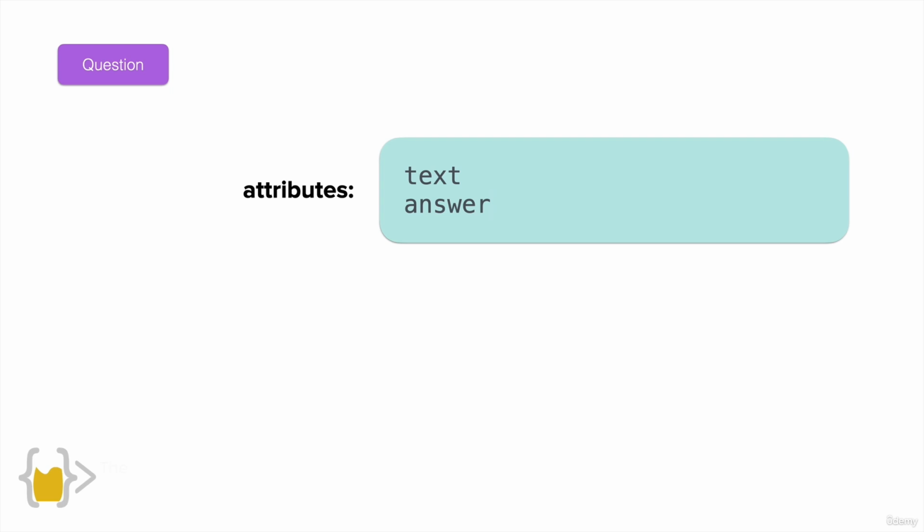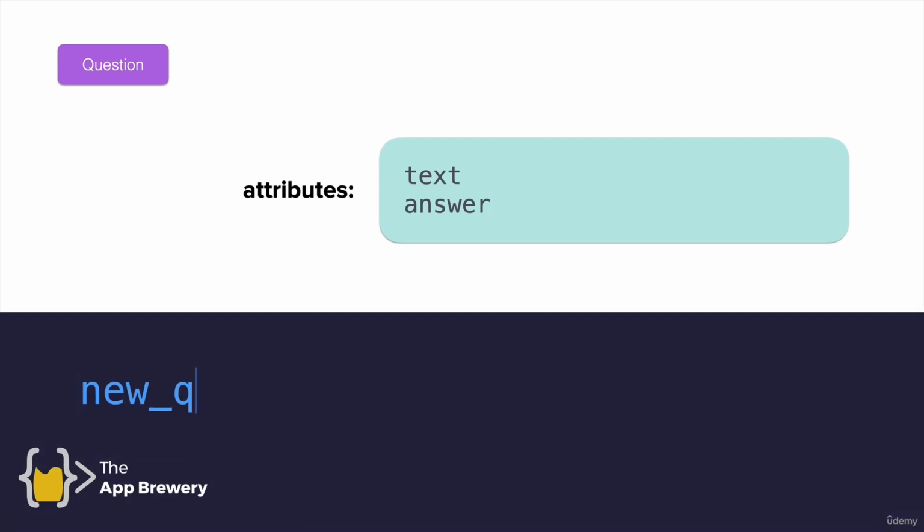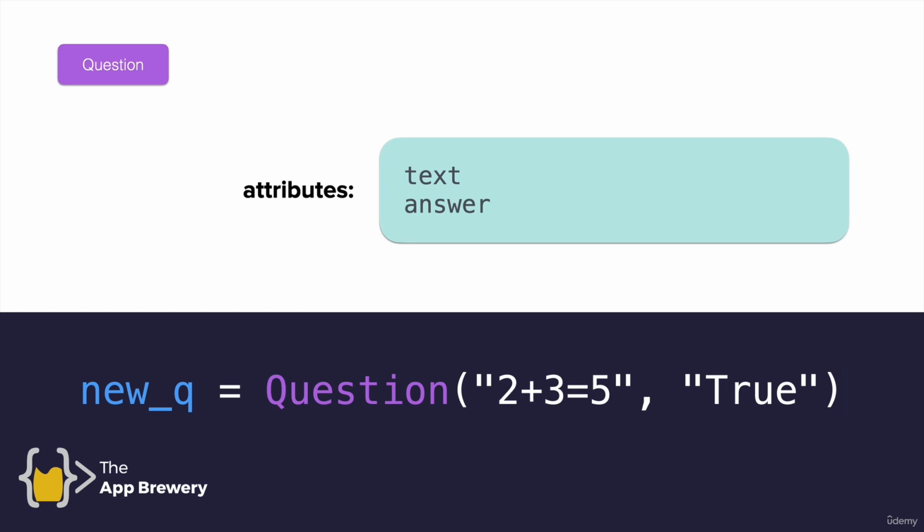Now these 2 attributes should be initialized with a value when a new question object is created from this class. For example, if our first question was 2 + 3 = 5, which we know the correct answer should be true, then we might write the code like this to initialize a new question object.